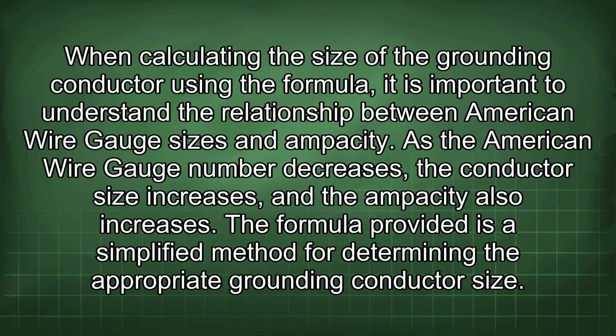When calculating the size of the grounding conductor using the formula, it is important to understand the relationship between American wire gauge sizes and ampacity. As the American wire gauge number decreases, the conductor size increases, and the ampacity also increases. The formula provided is a simplified method for determining the appropriate grounding conductor size.